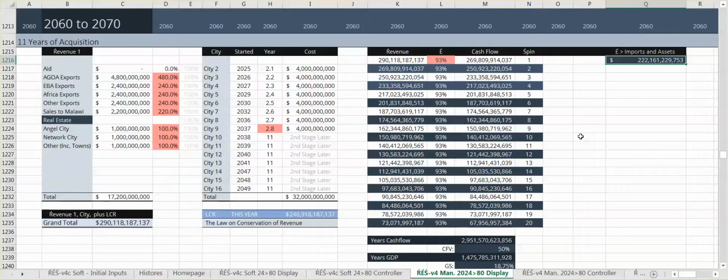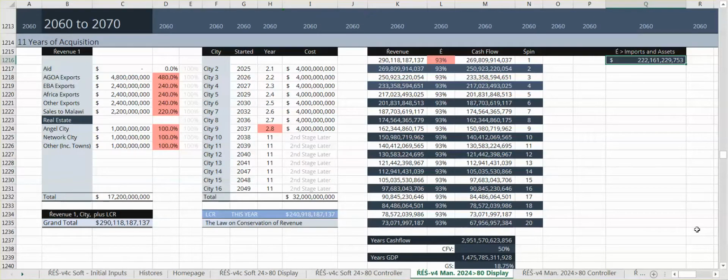I experimented with acquisition, adjusting E to 93%, dumping most of the highly prized LCR in 2060, creating 222 billion in asset purchase or developing cities in foreign locations, which in turn would create greater export revenue in the long run. Whereafter in 2061 I increase E to 99.5%, and by 1965 LCR is replenished.